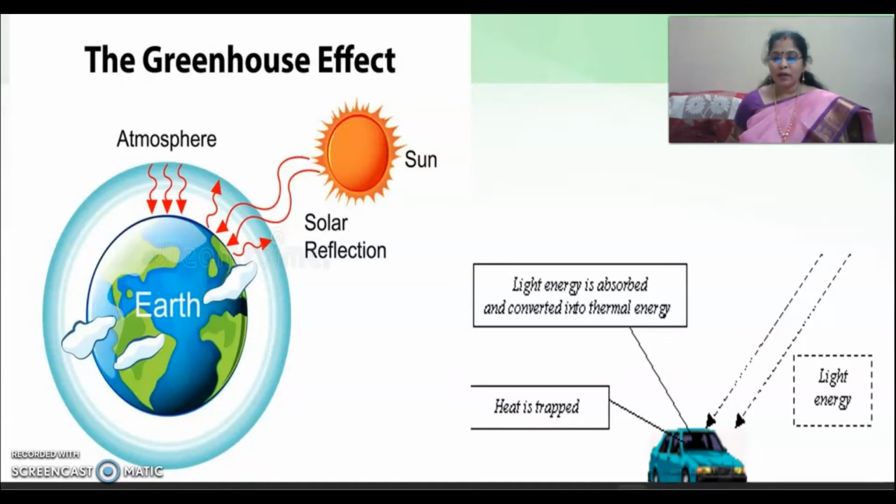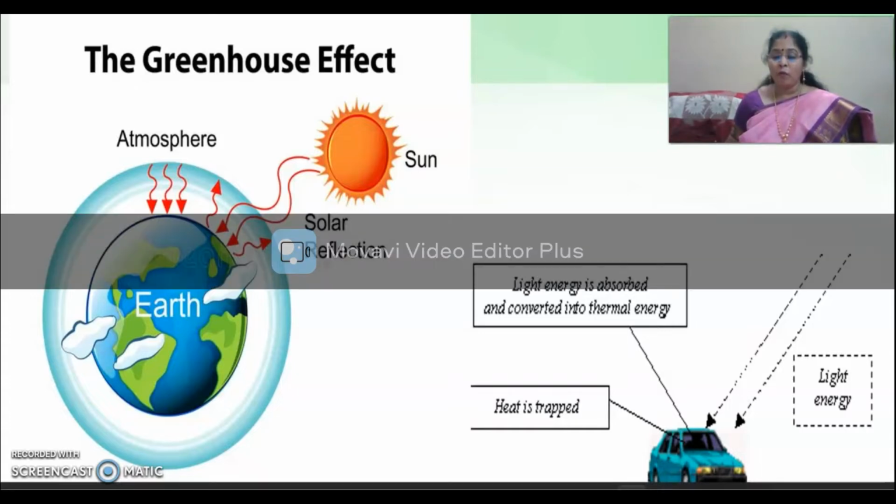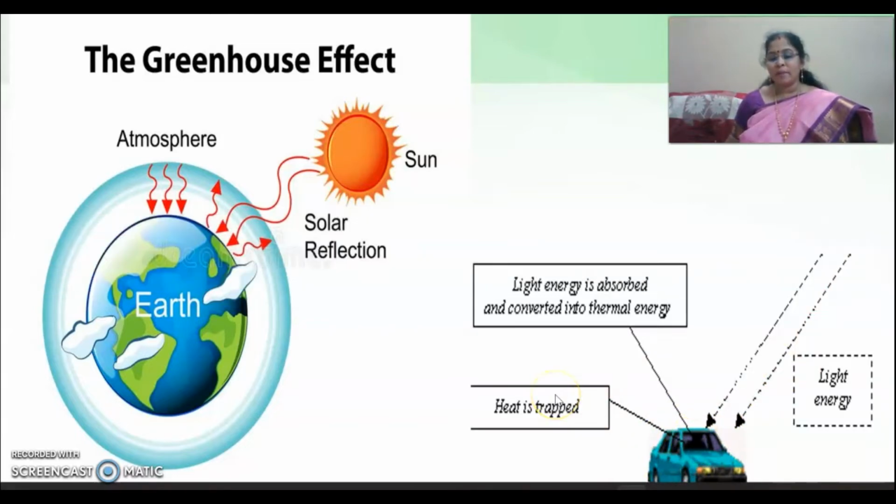Is it possible? You feel very suffocated. You feel a lot of warmth inside because the tendency of the glass is to trap the solar energy and keep it within the car, and re-radiation back is prevented by the glass. This particular effect or process is called the greenhouse effect.